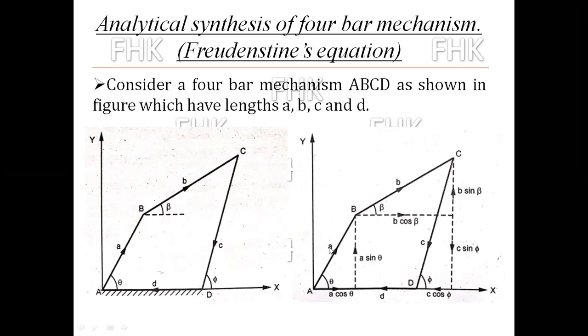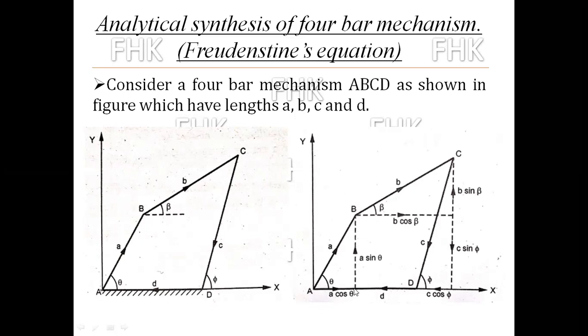As you learn in mechanics, in this triangle A, B and this vertical line, a is the hypotenuse and this vector is making angle theta with the horizontal axis x.